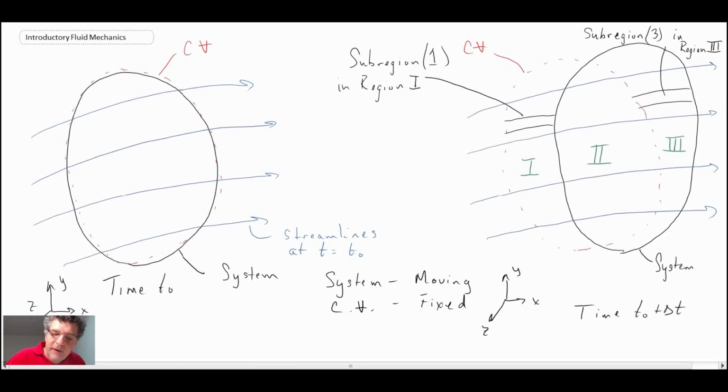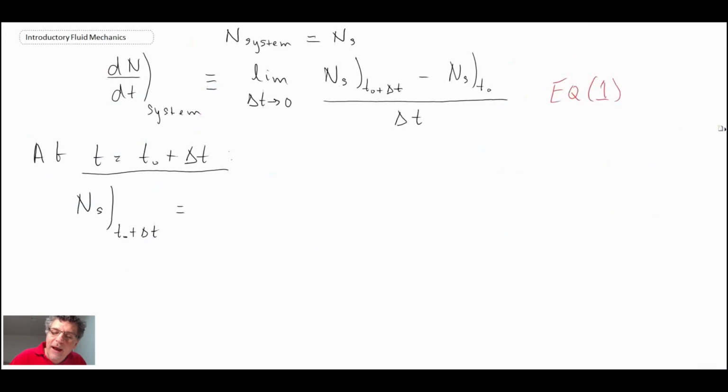And at t0 plus delta t, what we see is our system is defined by the black region that encompasses region 2 and region 3. Consequently, we can write that as our extensive property. In this case, it's extensive because it's capital N. So it's what is in region 2 plus what is in region 3 at time t0 plus delta t.